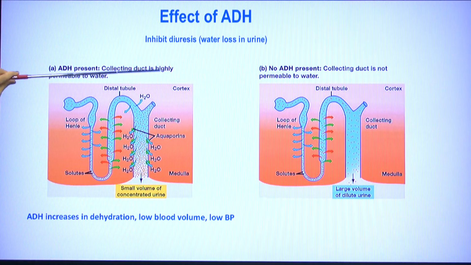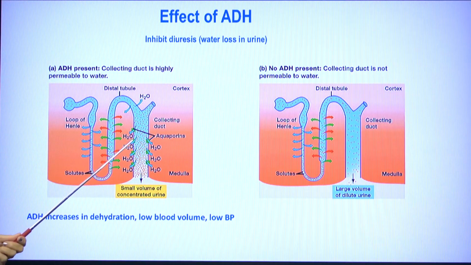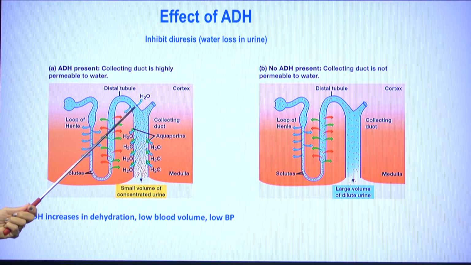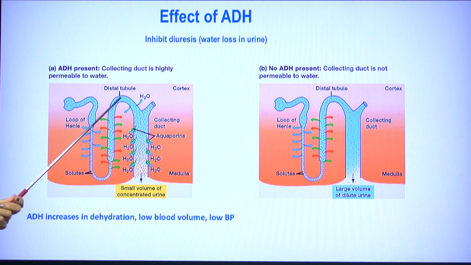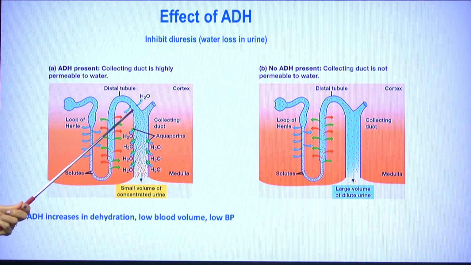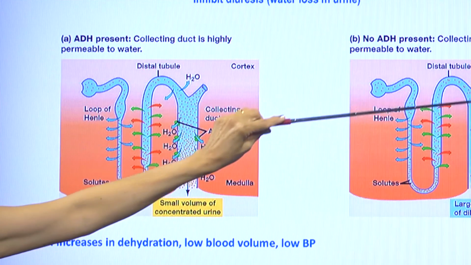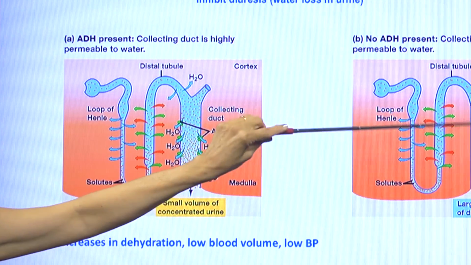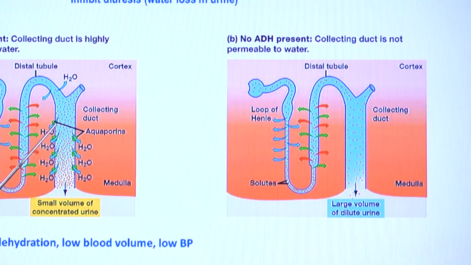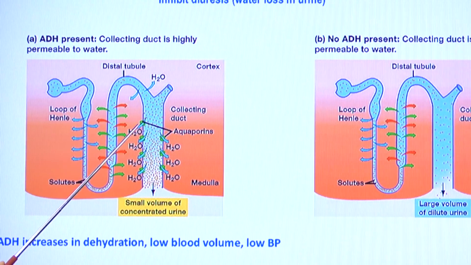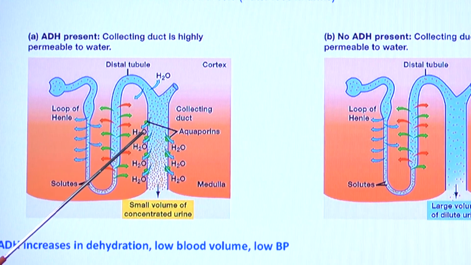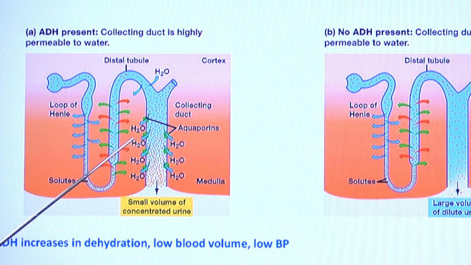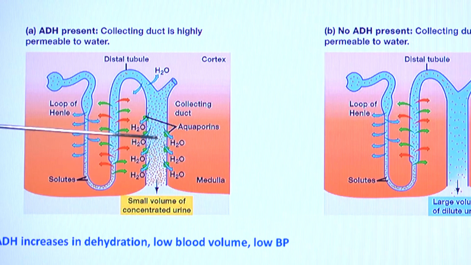Let's look under the effect of antidiuretic hormone. This is water coming here, and if we leave this without adding the aquaporins, we are going to lose much of the water in the urine. But right here, under the effect of antidiuretic hormone, aquaporins are inserted. We will suck the water out, and now the urine leaving here is very concentrated.